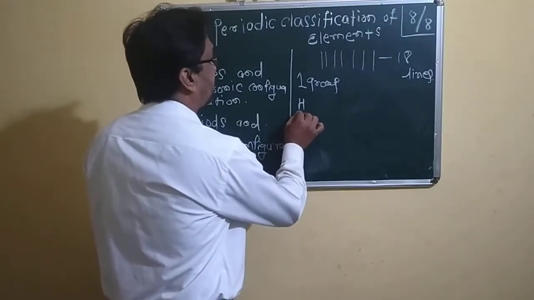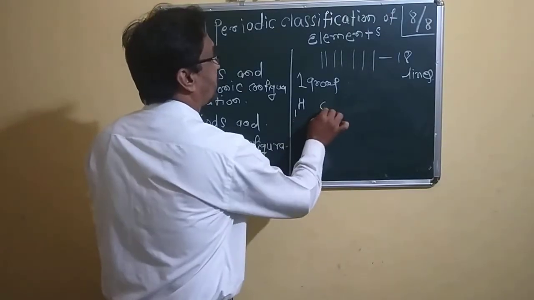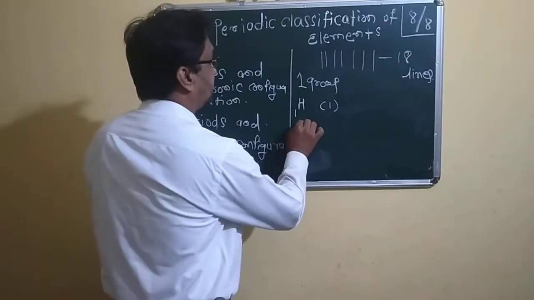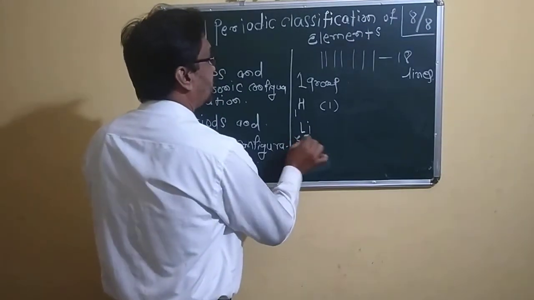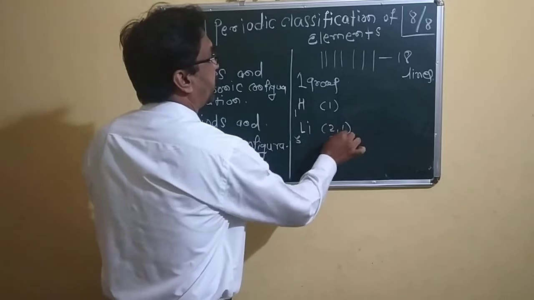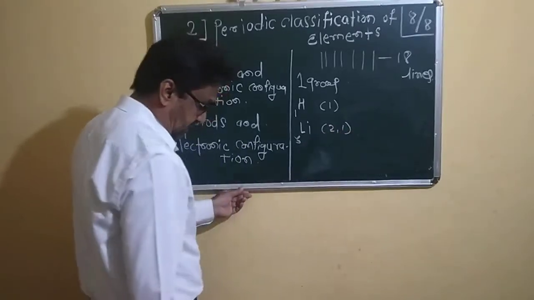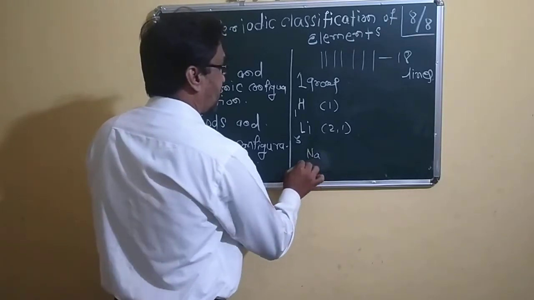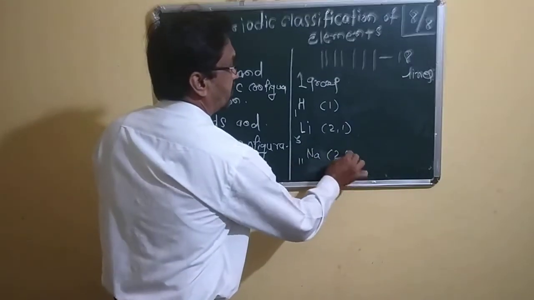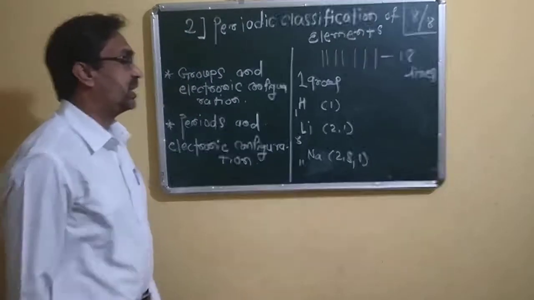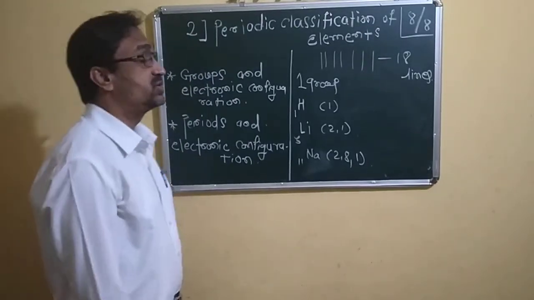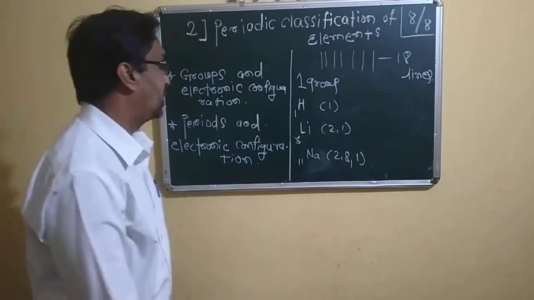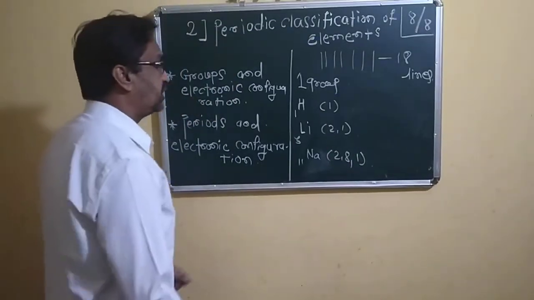Its atomic number is 1, so the electronic configuration is 1. After that we have lithium. Atomic number is 3. Its electronic configuration is 2, 1. After that we have sodium. Sodium atomic number is 11 and its electronic configuration, the distribution of the electrons, is 2, 8, 1. After that potassium is there.